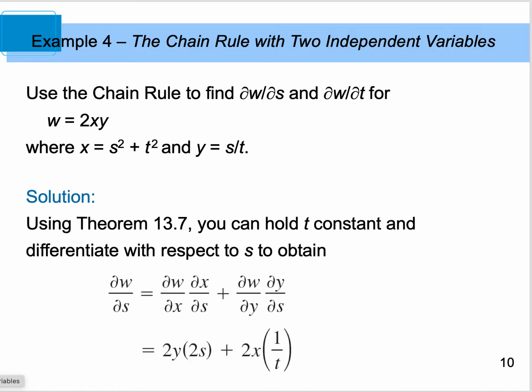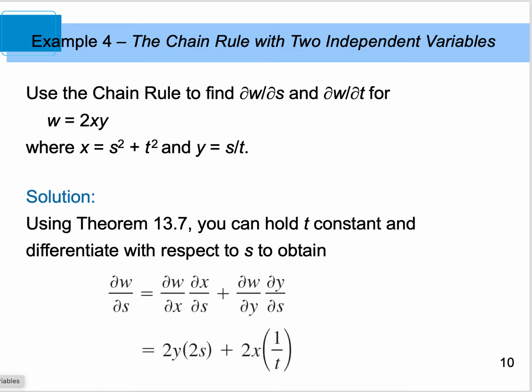Okay, so then if I hold t constant and I differentiate with respect to s, I'm going to do dw dx, and then I'm going to have to multiply that by dx ds. So there, I'm going to have to make sure that I'm treating s squared as a variable and t squared as the constant. So that's what's happening there.